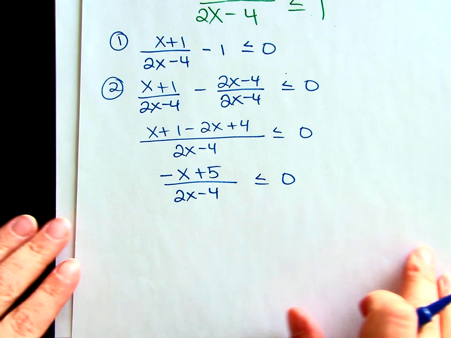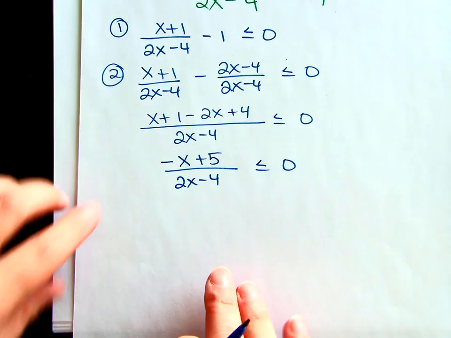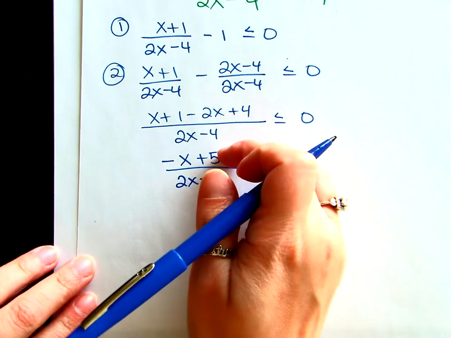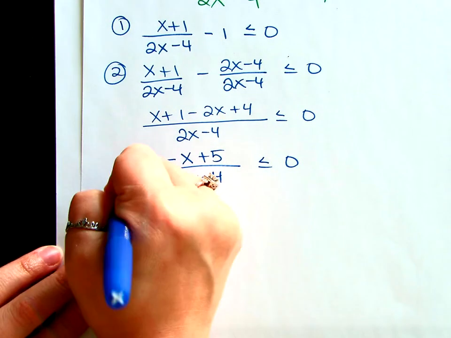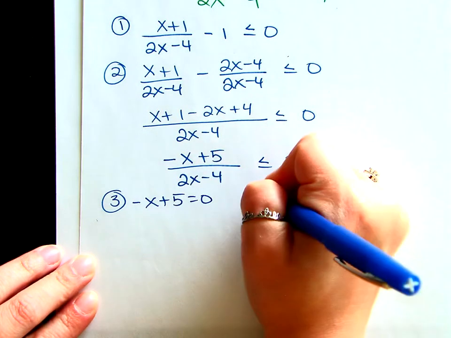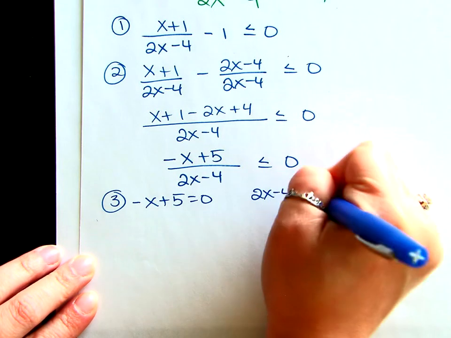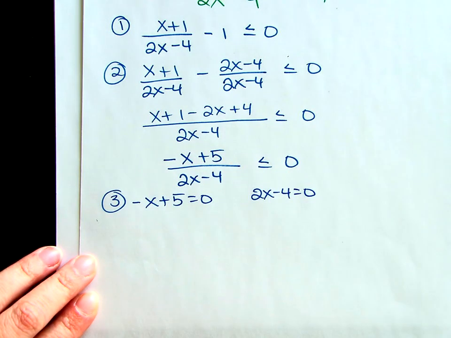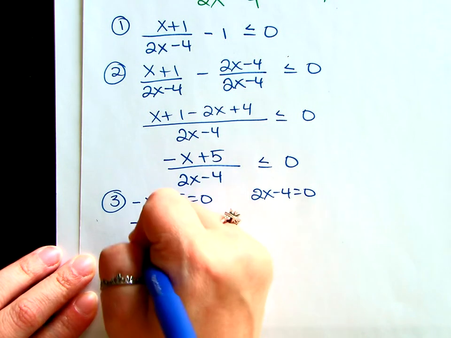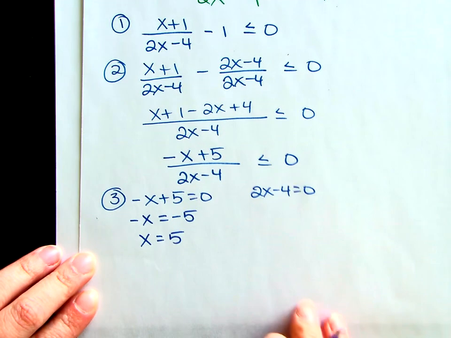Because now that I have it written where there's one rational inequality, I'm going to split my numerator and my denominator so I can find my boundary points, to where I have negative x plus 5 equals 0 and 2x minus 4 equals 0. And I'm going to figure out where those are 0 at.